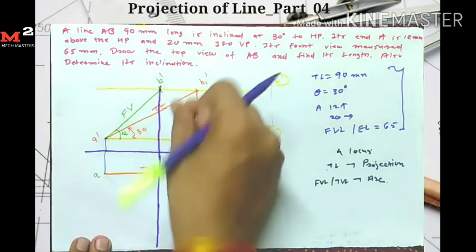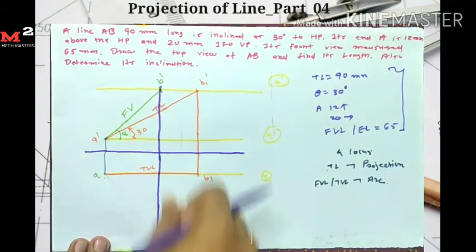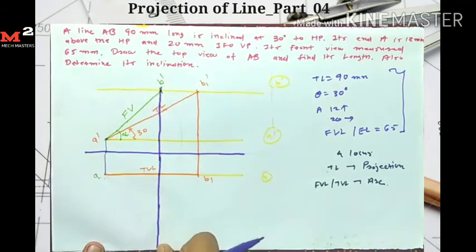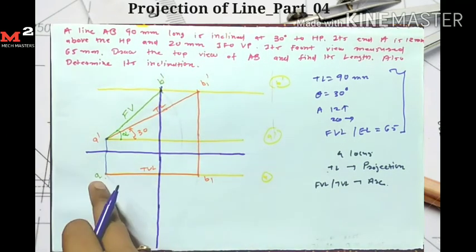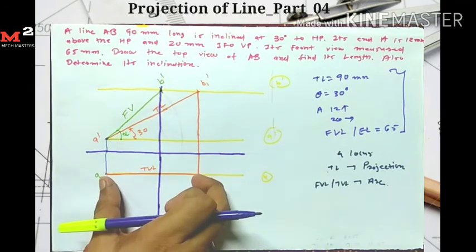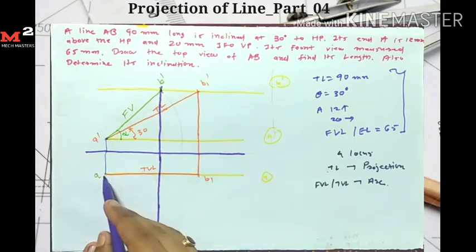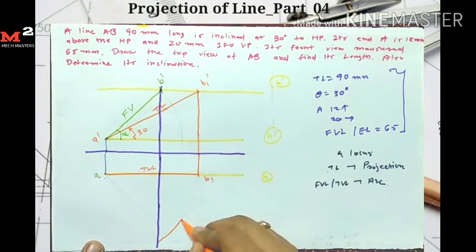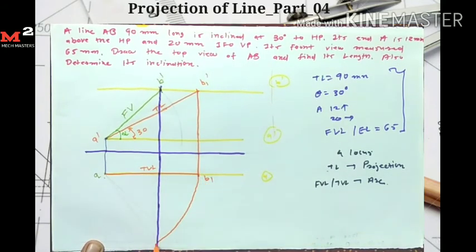So from the B dash point I draw one vertical line, so I get my B point on this line. Now for finding the point B I have 2 conditions. I get the B point on this vertical line, and its distance from point A is equal to the top view length. So I take A as a center and A B1 as a radius, and draw one arc which intersects here. Okay, so here I get my point B.